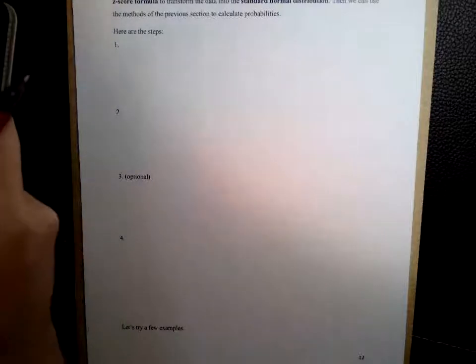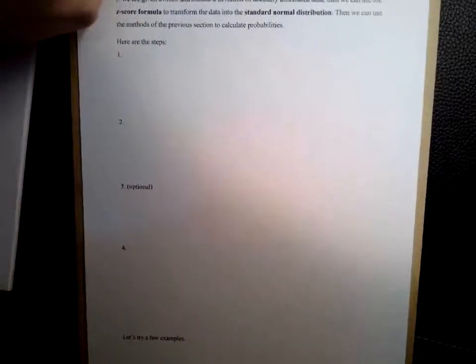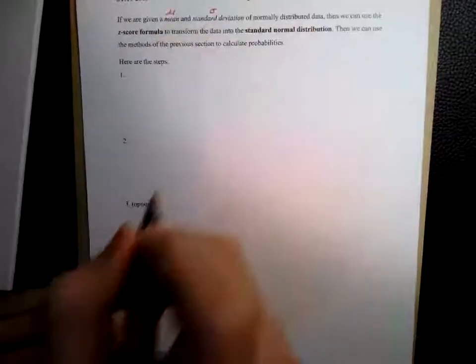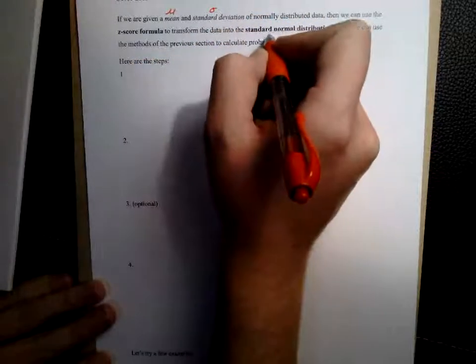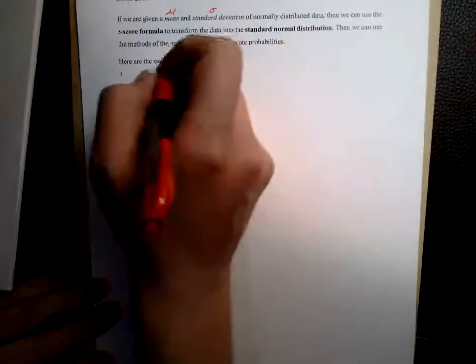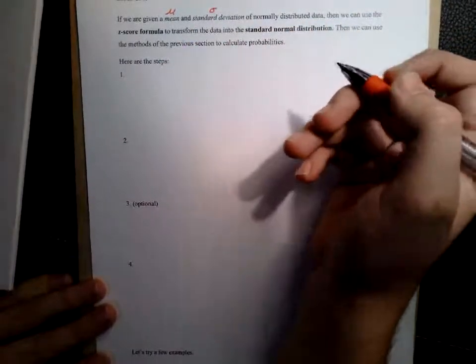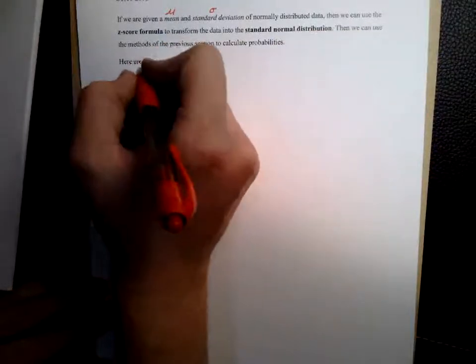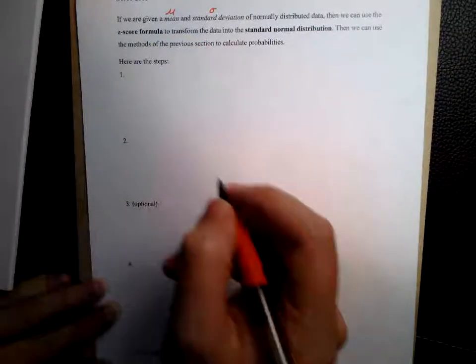Now let's go through the first part. So if we are given a mean and standard deviation of a normally distributed random variable, that means we know mu and we know sigma, then we can use the z-score formula to transform the data into standard normal distribution. Then we can use the methods from section 6.1 to calculate the probabilities that we want. Then let's use these following steps to do so.